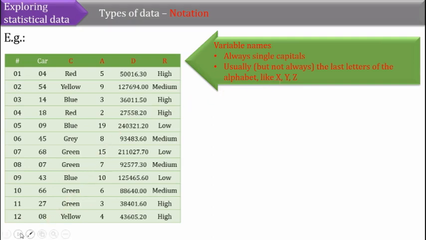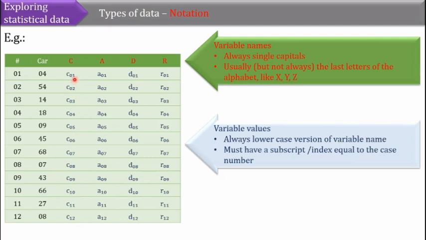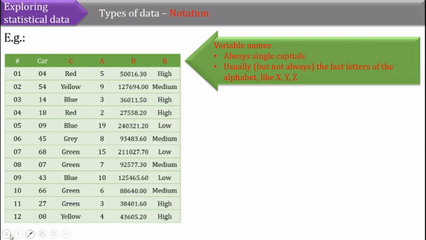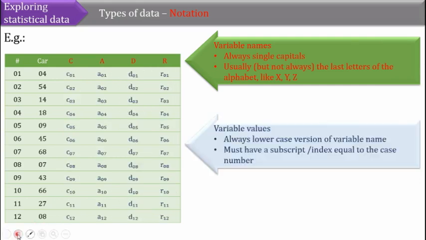Now when it comes to the actual values, we replace them with lowercase letters. So color is a capital C, but the color for the first car will be lowercase c subscript 01. The lowercase c tells me this is now a specific color. And if you can recall from what I had before, it was red. So that's a specific color.